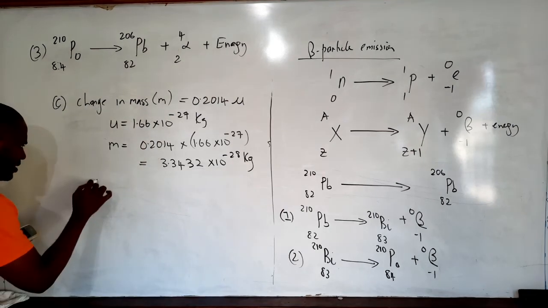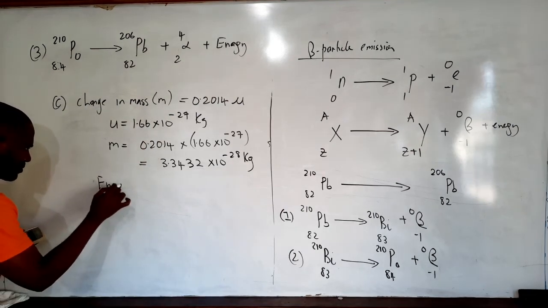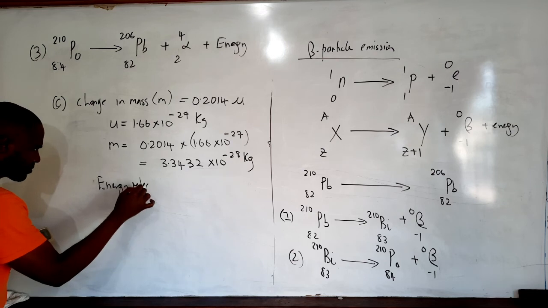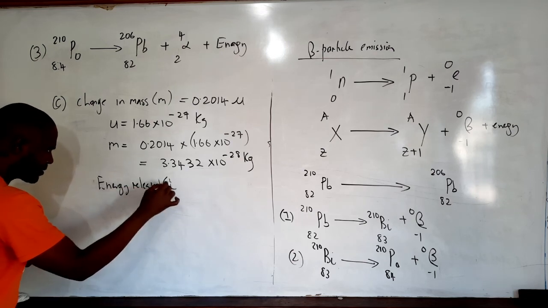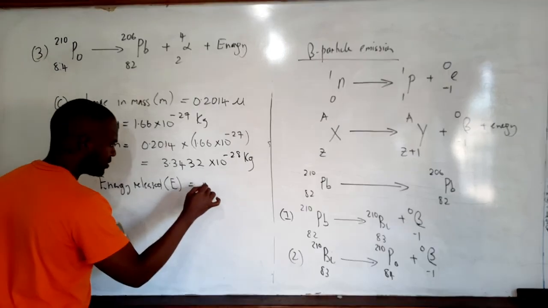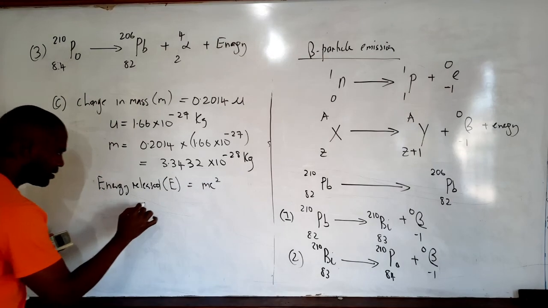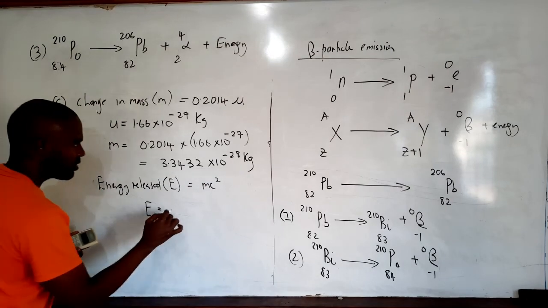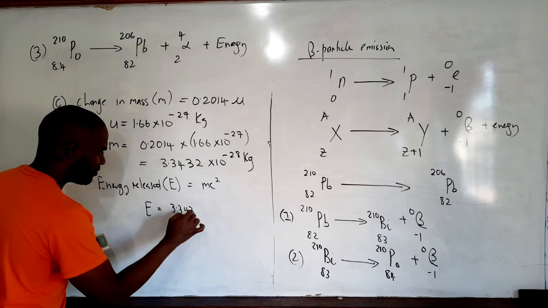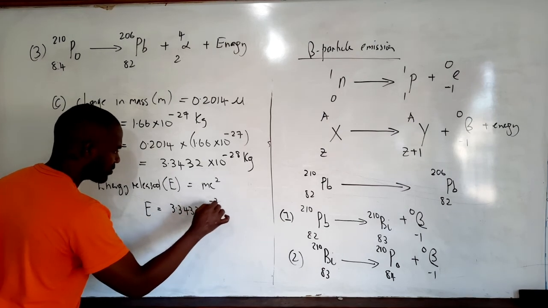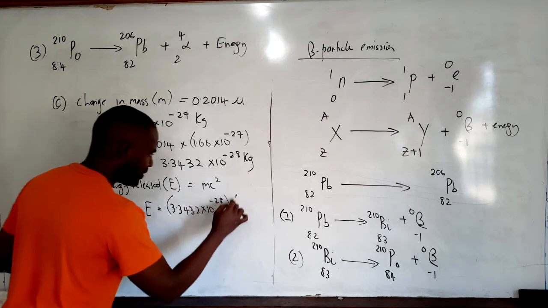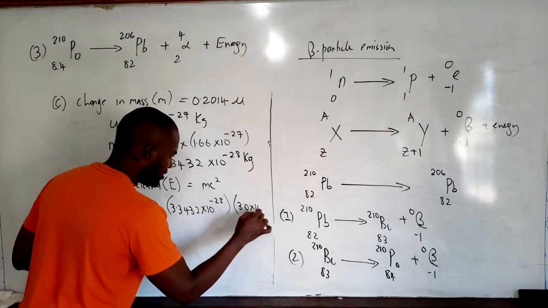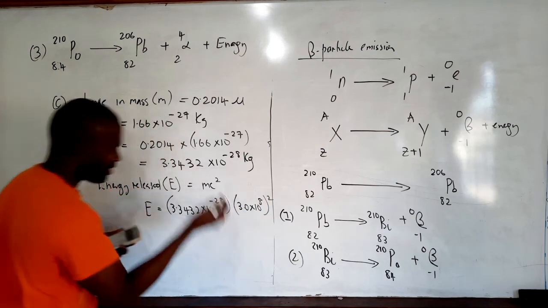And therefore the energy released, E, is equal to mc squared. So E is equal to 3.3432 times 10 to the minus 28 times the speed of light squared. So 3.0 times 10 to the 8 meters per second, and we square that.